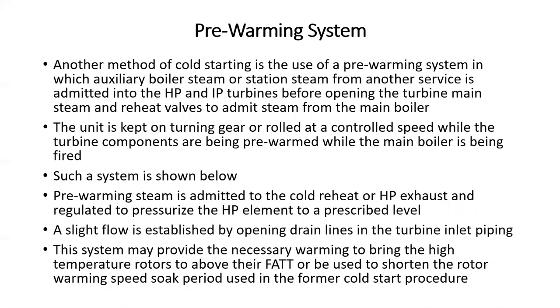Pre-warming system. Another method of cold starting is to use a pre-warming system in which auxiliary boiler steam or station steam from another source is admitted to the high pressure and IP, intermediate pressure, turbines before opening the turbine main steam reheat valves to admit steam from the boiler.